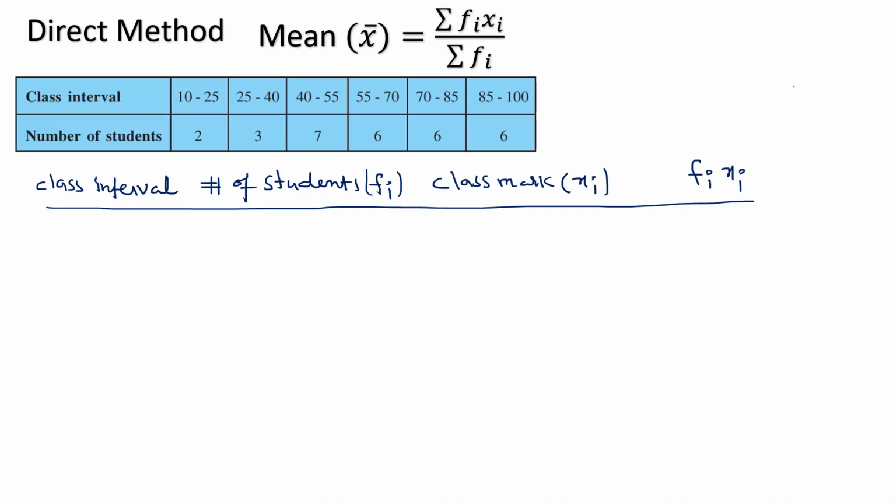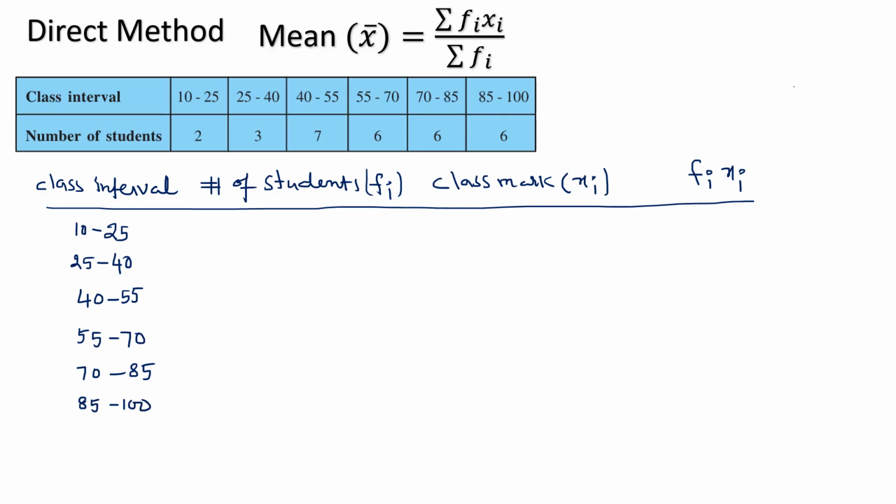Before that, let us write the given data. The class intervals: 10 to 25, 25 to 40, 40 to 55, then 55 to 70, 70 to 85, then 85 to 100.